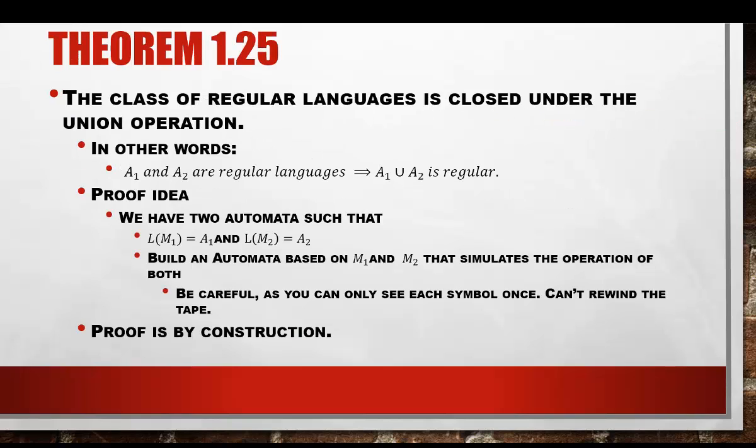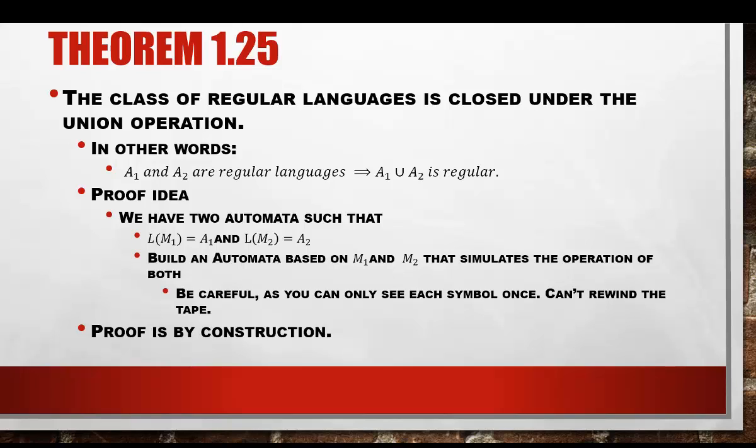Alright, so I'm going to now go ahead and talk about the proof of the theorem that we covered towards the end of the last unit, and that is that the class of regular languages is closed under the union operation.